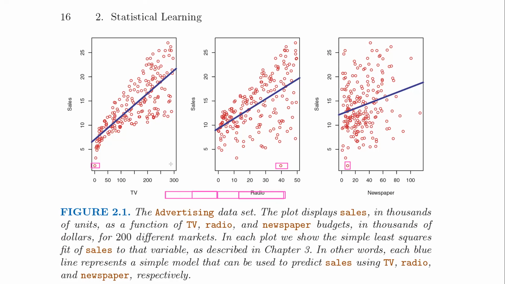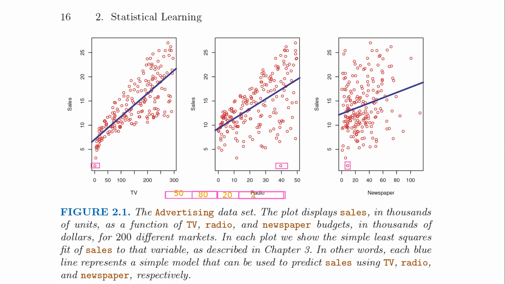So in actual fact, let's say you have 50, 80, and 20, and sales are 2, right? So sales look like around 2 over here.